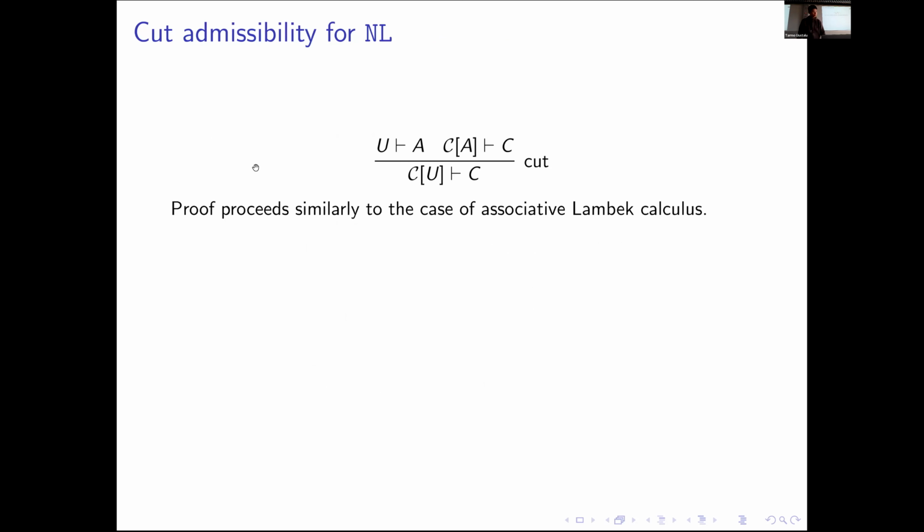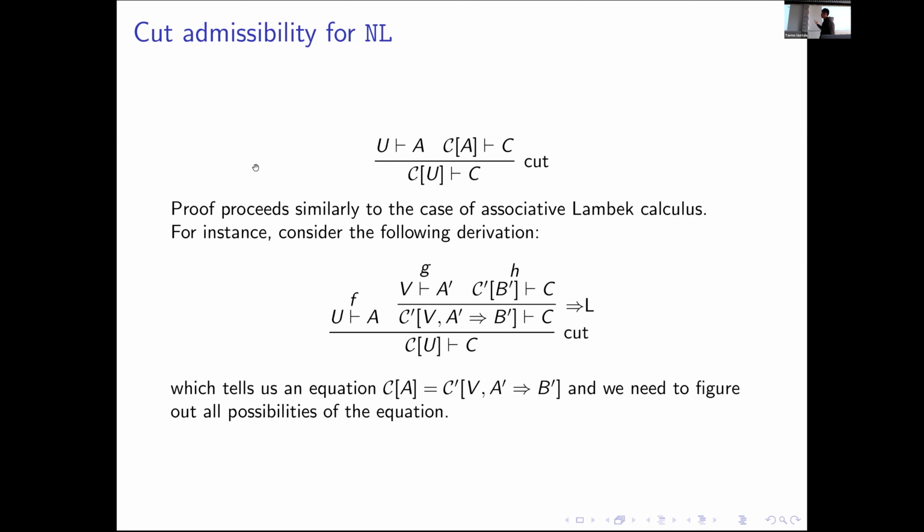And then cut admissibility for NL. The proof here proceeds similarly to the case of the associative Lambek calculus, and we can see this example. The second premise is also the conclusion of an implication left rule, and this cut is applicable. It tells us this equation of two substituted trees, where C[A] is equal to C'[V] and A' implies B'.